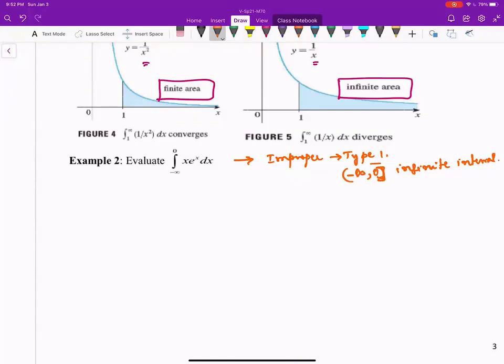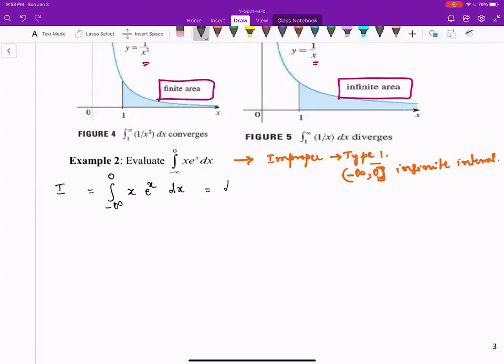Whenever you do improper integrals, you have to use a variable t and then allow t to approach infinity or negative infinity, whatever the case may be. Here we are going to call the given integral I. I is the integral from negative infinity to 0 of x e to the x dx.